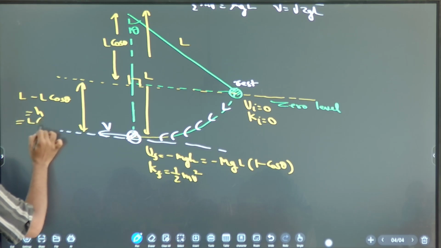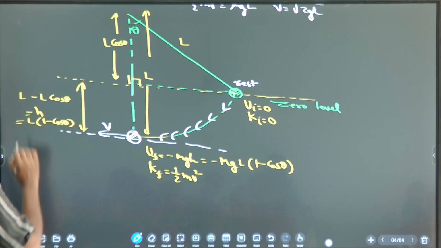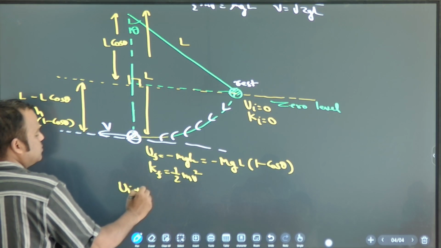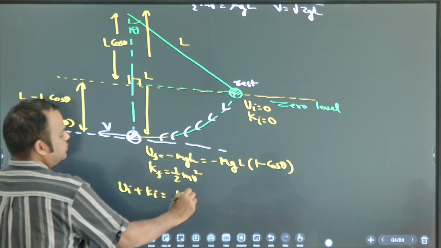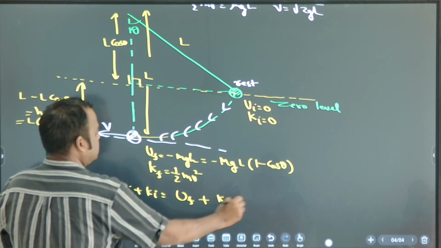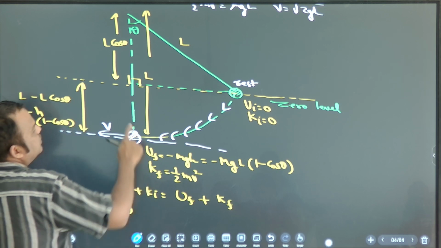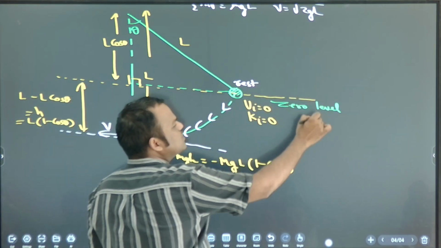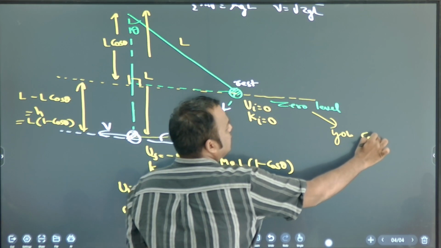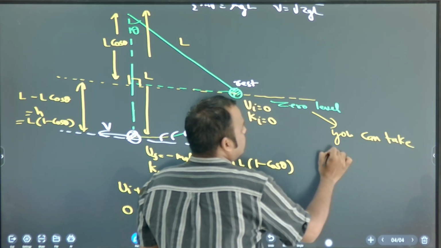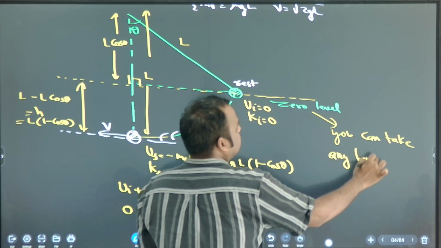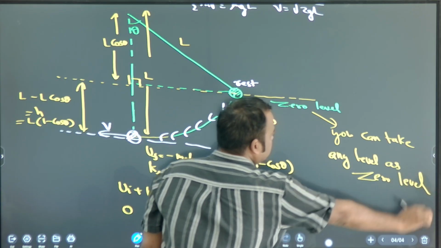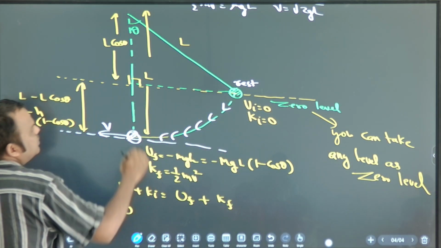So what is the answer? Use U initial plus K initial is equal to U final plus K final. So U initial is 0. This is 0 level. Note down: you can take any level as 0 level. So I am taking this as 0 level.